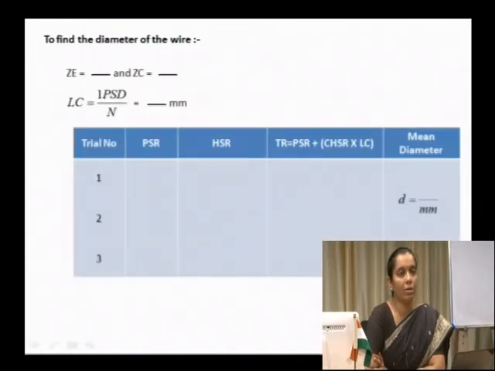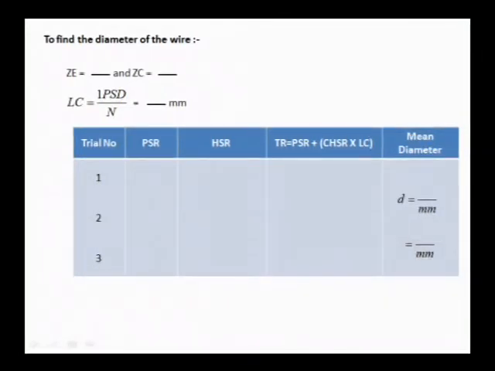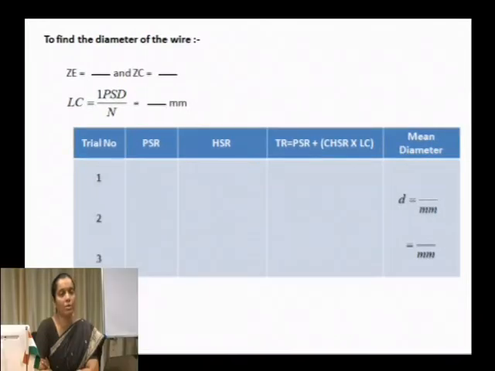This tabular column is to find the diameter of the wire. The diameter of the wire is again measured using a screw gauge or a micrometer. Screw gauge works on the principle of screw and nut, and in a screw gauge again first we will have to calculate the least count, we have to check the error, and we will do the correction, zero correction ZC. If the error is negative, the correction will be positive, and if the error is positive, the correction will be negative.